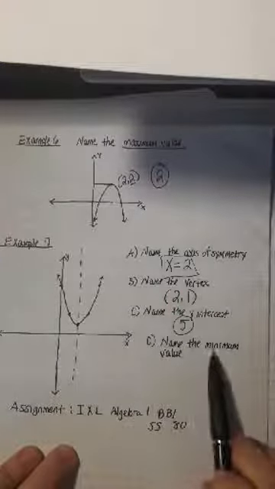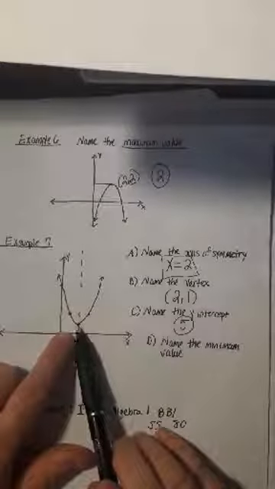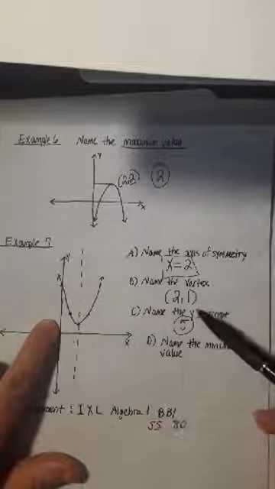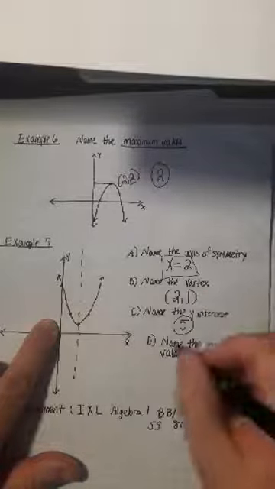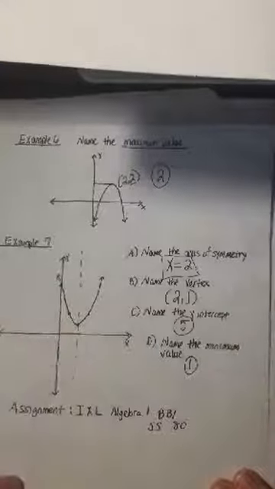And the minimum value, you go back to your vertex, and it's going to be the y-coordinate in that vertex. You can just look here on the y-axis at 1, or you can look back to your vertex and see that it matches the y-coordinate. So the minimum value is going to be 1. And that's all you do in this lesson.